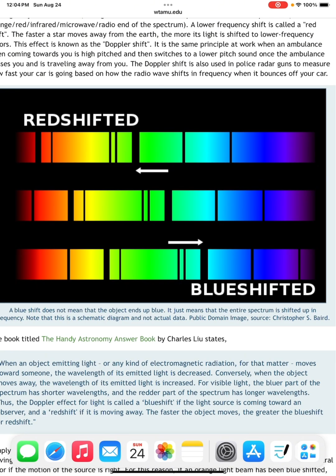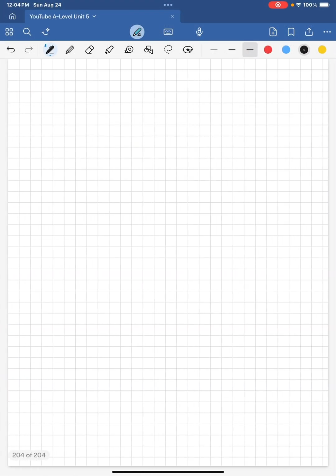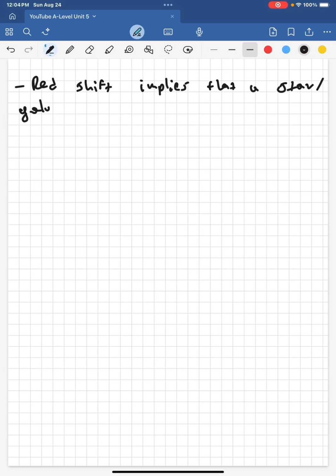So, why do we care about this? Why does it matter? It turns out that, let's create a new page. So, redshift, or blue. Actually, let's just stick to the red for now. So redshift implies that a star or a galaxy moves away from us.